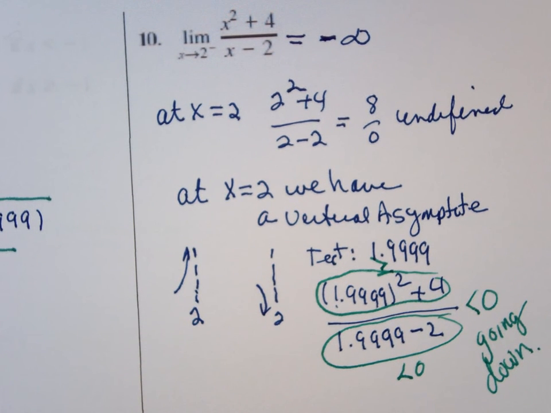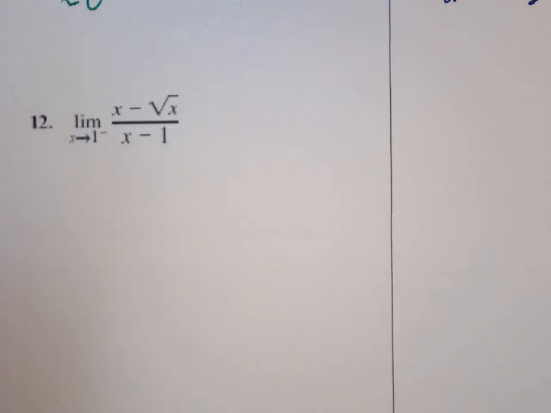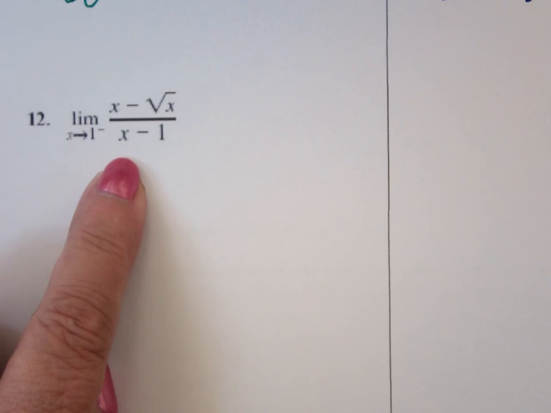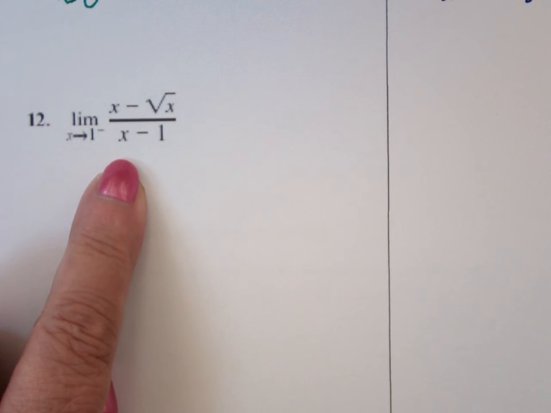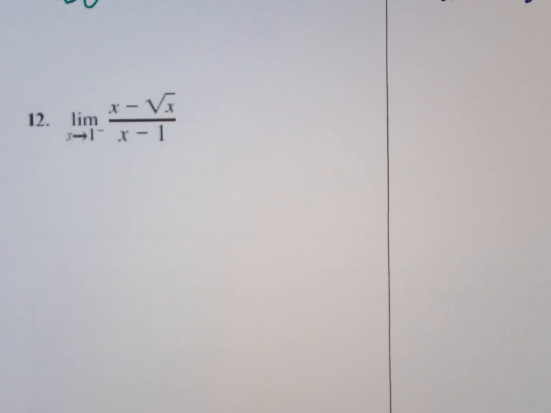So it's going to negative infinity. Now what about this guy? What's the problem? It has to be 0 over 0 form.